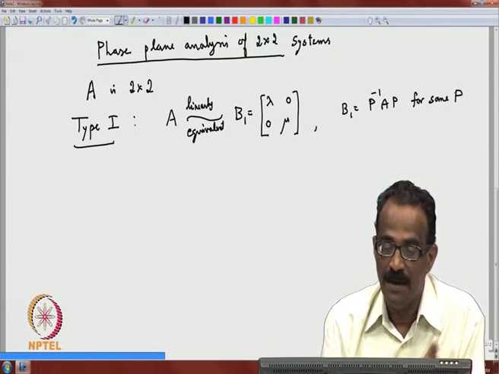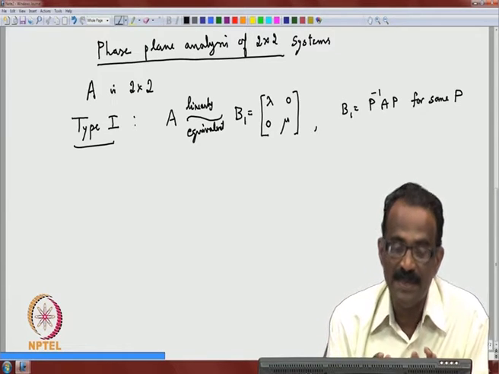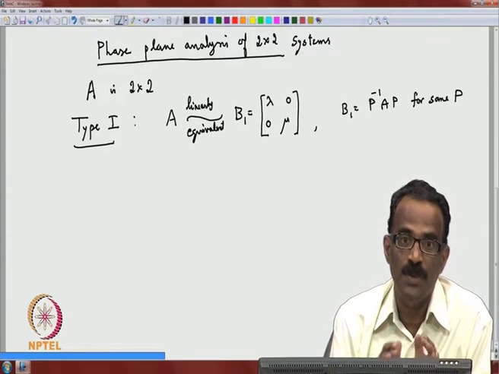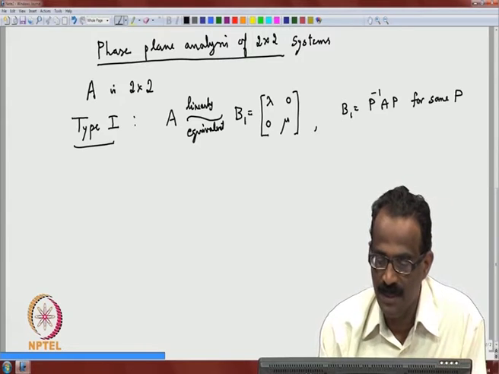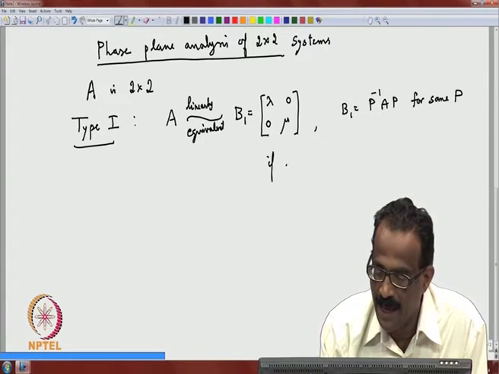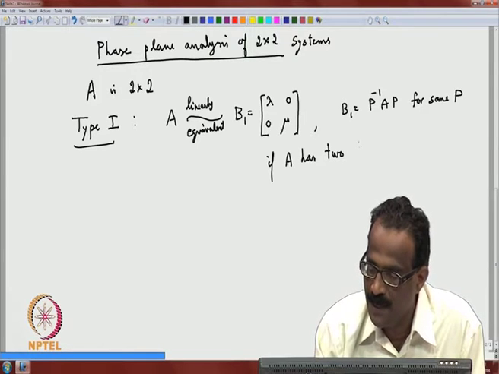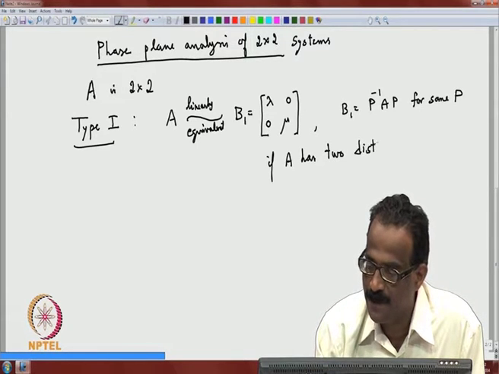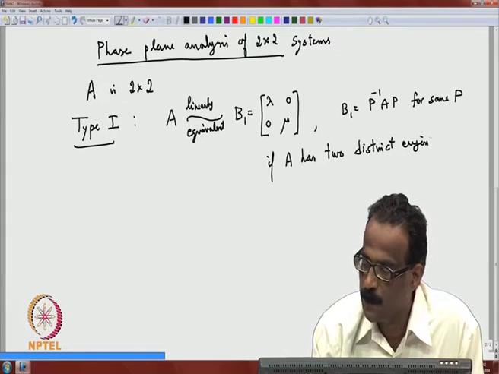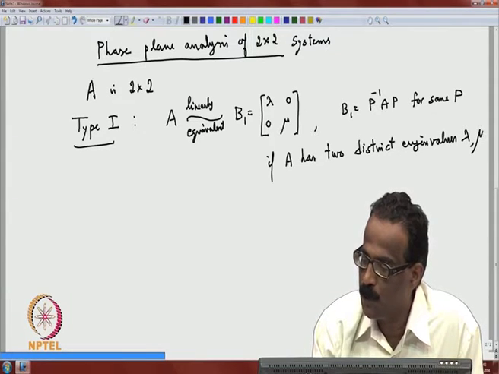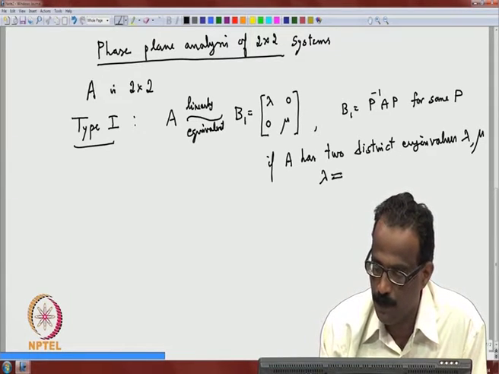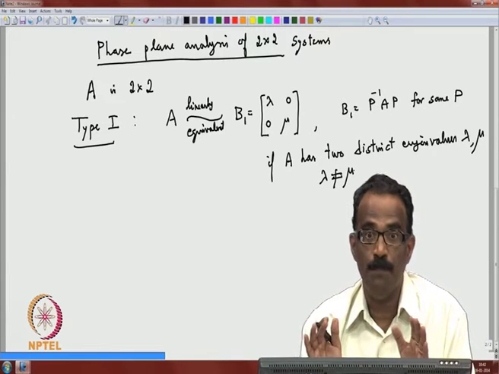When does this happen? This happens when A has 2 distinct real eigenvalues lambda and mu, that is, lambda not equal to mu. This is the type 1 matrix.